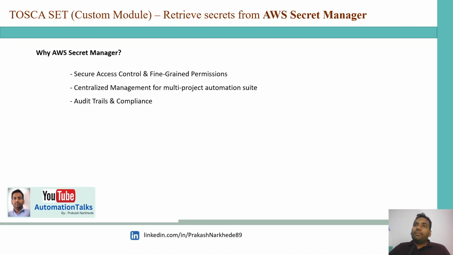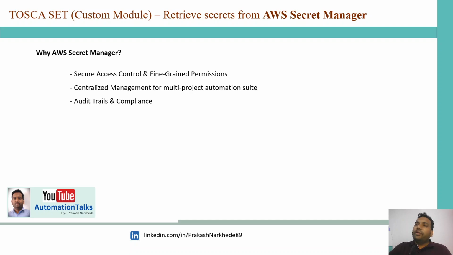So if there is a password change and I'm hard coding it, I would be changing it in n different places. But with centralized management, it is just one place. Say I store it on AWS Secret Manager, I'll just change it there, and without making any changes to any of the test automation scripts, it is going to work, right? So it is very easy for management as well, and to restrict the accesses.